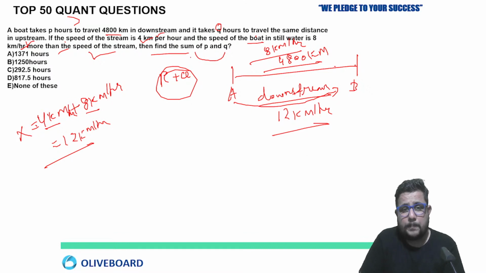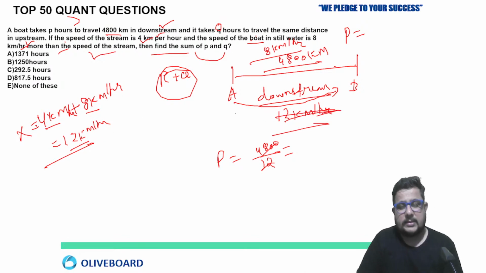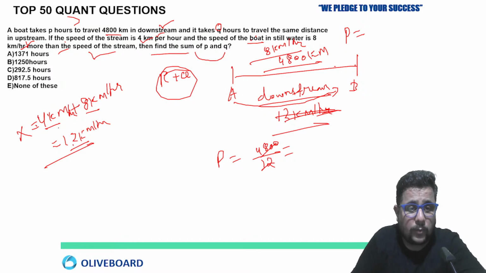Okay, so P is the time during the downstream travel, and Q is the time for upstream for the same distance. So here P is going to be the distance 4800 divided by the speed of the boat downstream. Sorry, I have taken it wrong here. Yes, 12 plus 4 is 16, you are correct.